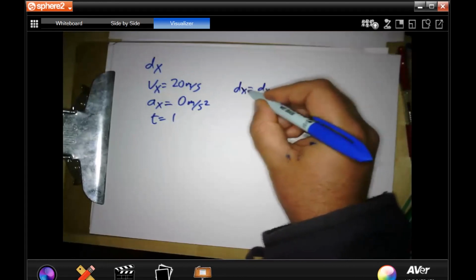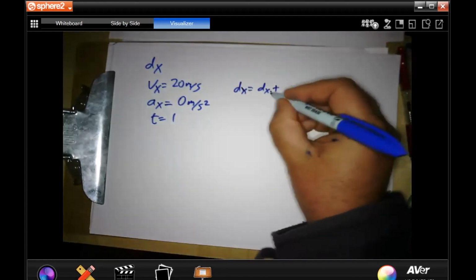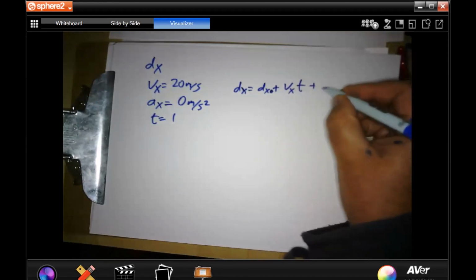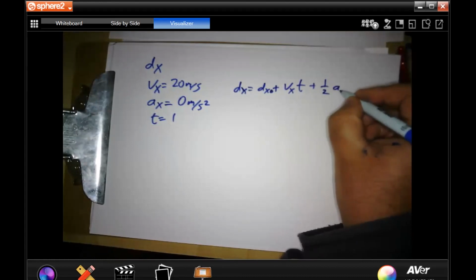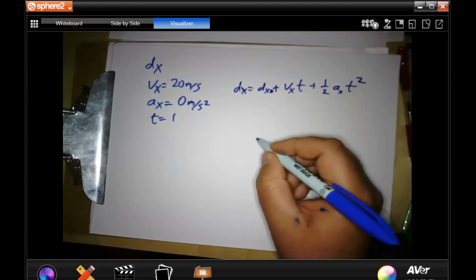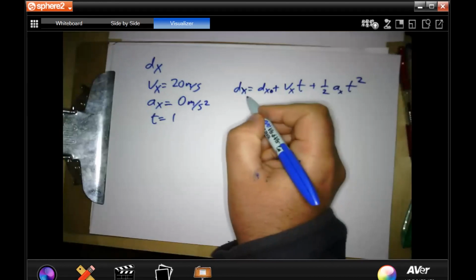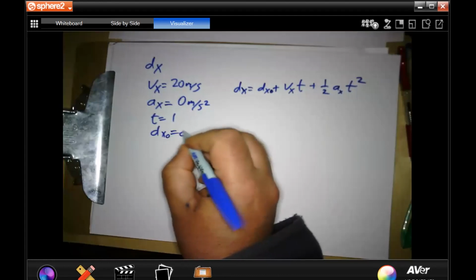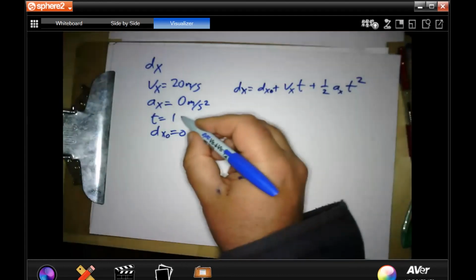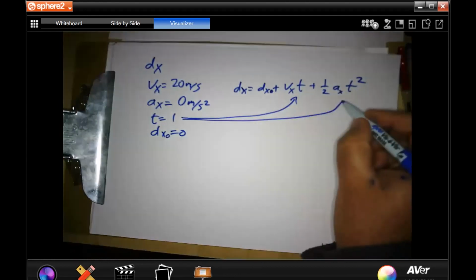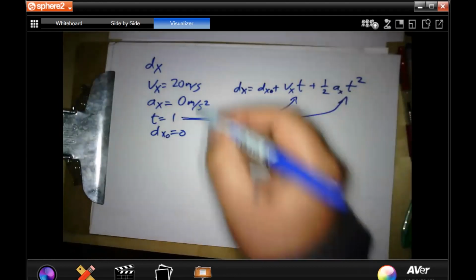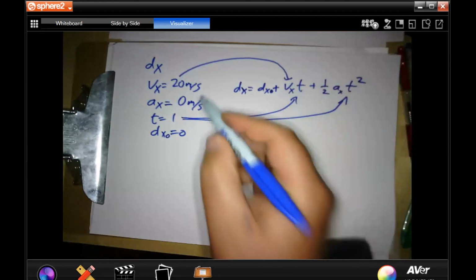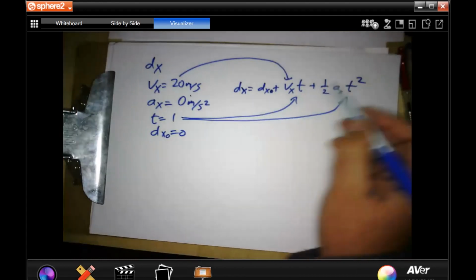So, we're on the x, so I write d of x equals starting position plus velocity of x times time plus 1/2 a of x t squared. Okay, so we're solving for this. We know it started at 0. So I can put my time in, it's going to go in for t. I put 20 in right there, and I'm going to put my 0 in right here.